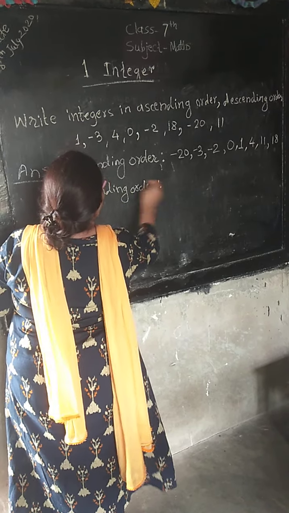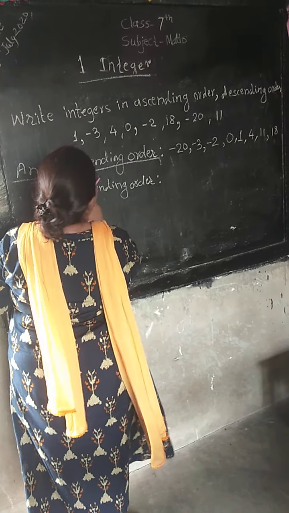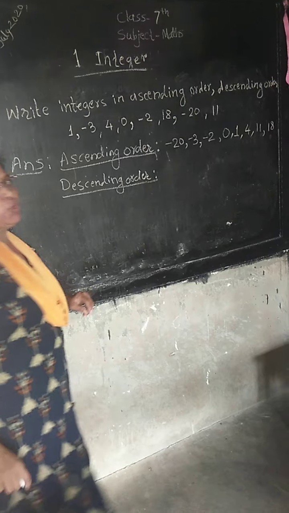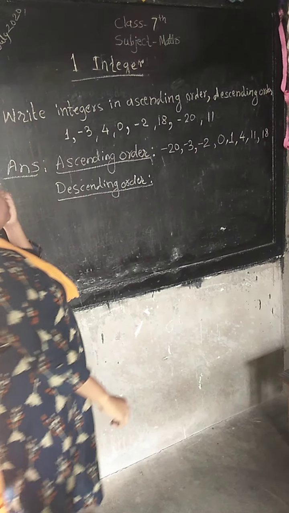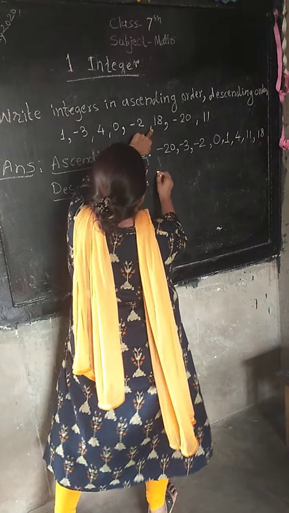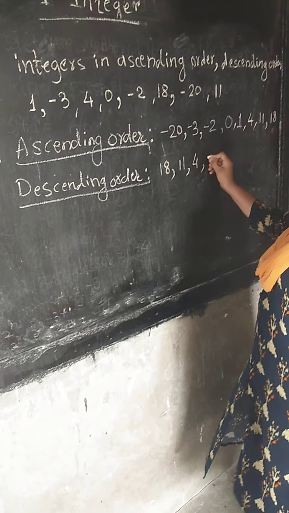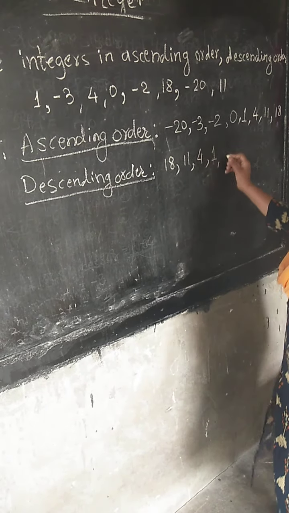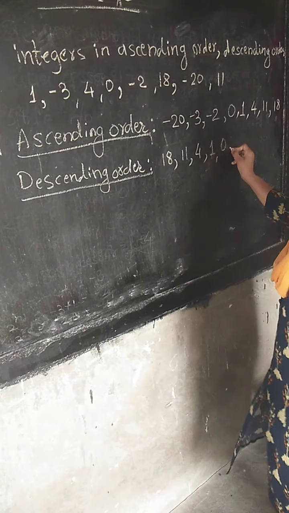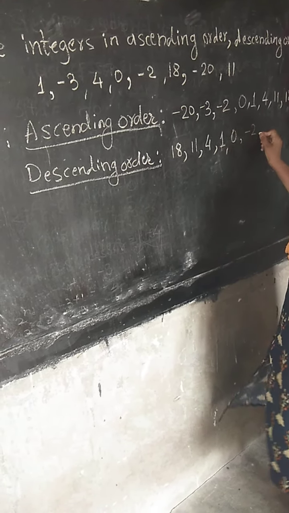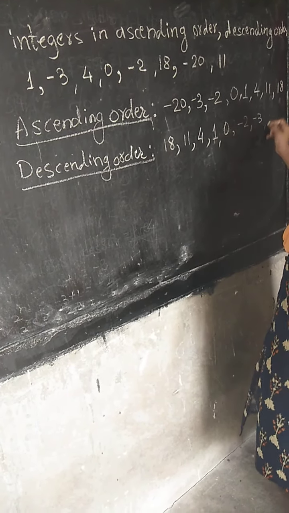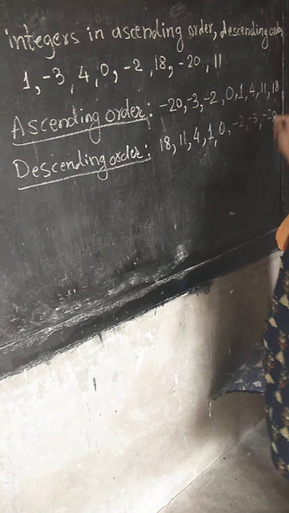Descending order means from biggest to smallest. Which is the biggest number here? 18. Then 11. Then 4. Then 1. 0. Minus 2. Minus 3 and minus 20.